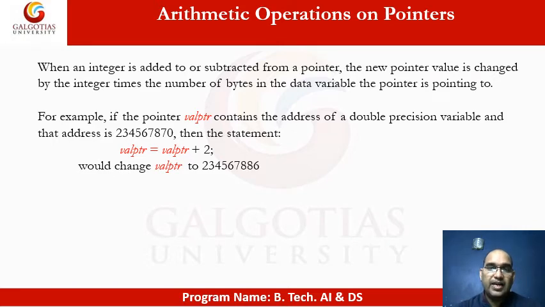If it is an integer pointer, and the operating system gives 2 bytes to an integer, then an increment of 1 means an increment of 2 bytes. A double takes 8 bytes, so if you increment by 2, you are adding 16. This is what happens when you do arithmetic operations with pointers.